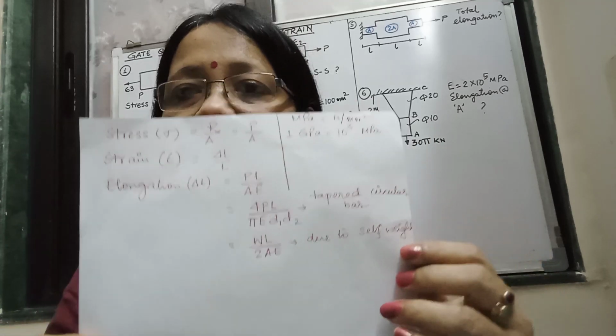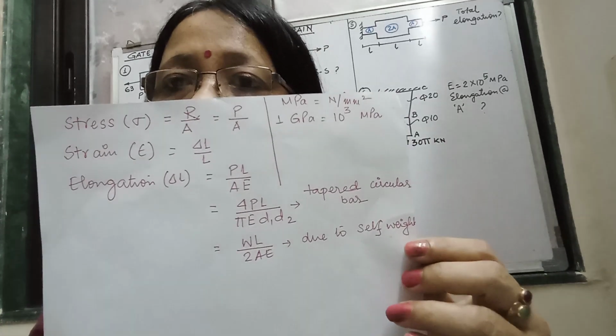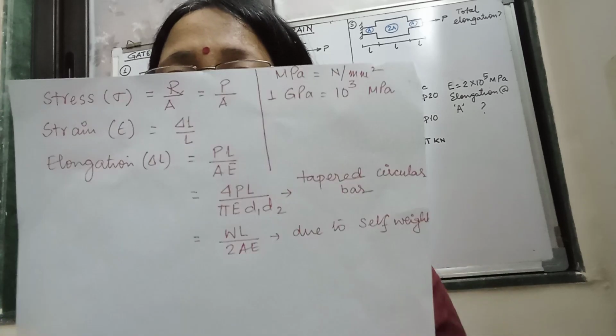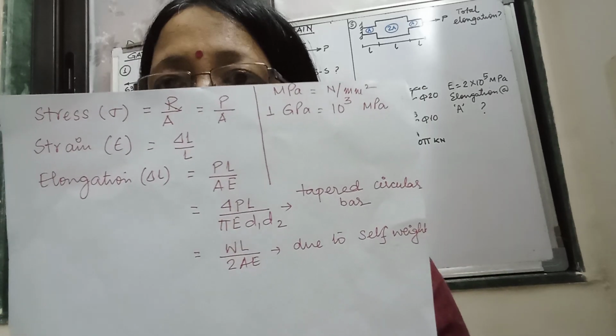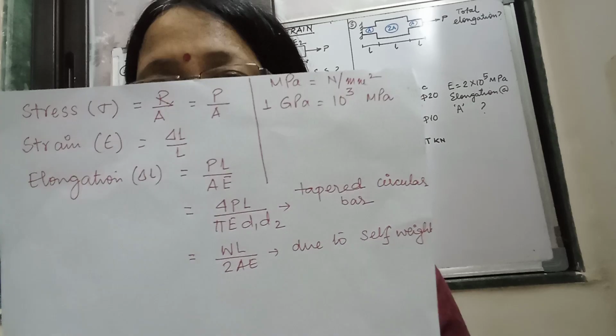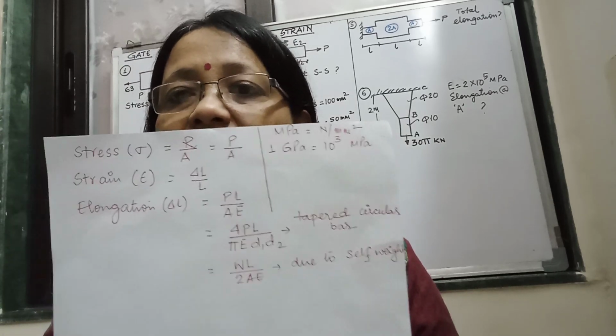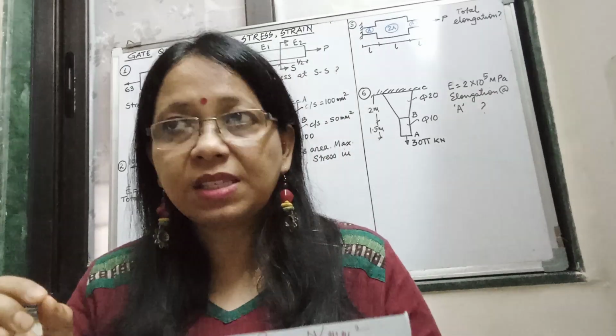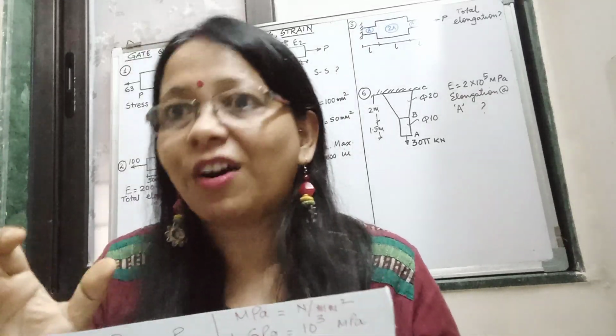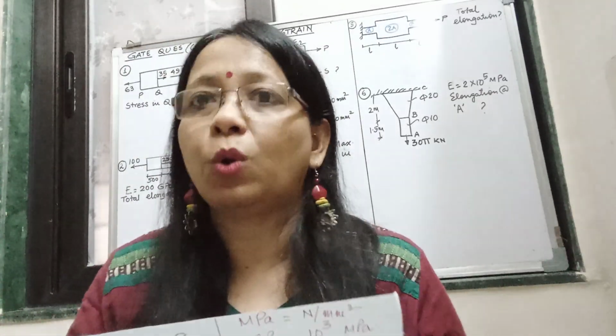The first thing I have discussed over here is what is stress. Stress, denoted as sigma, is equal to internal resistance divided by the cross sectional area. Always remember, stress is the internal resistance offered by a body when an external load is applied.